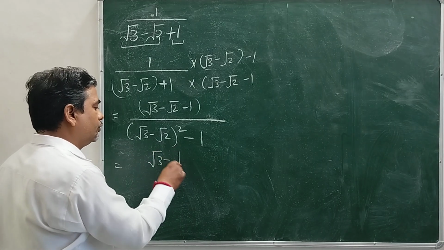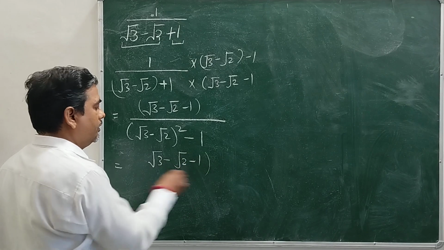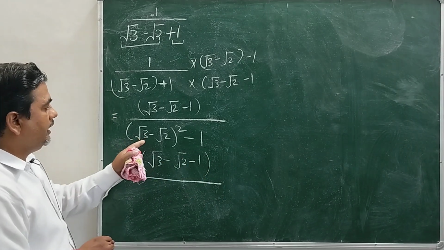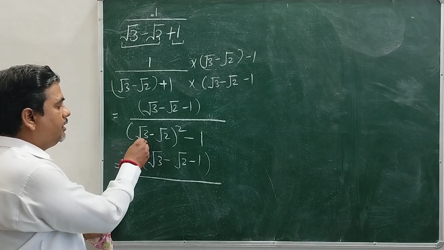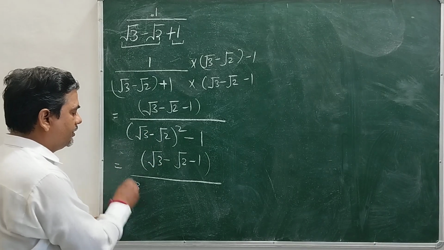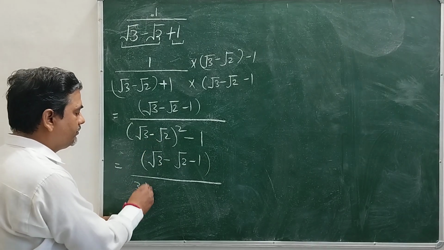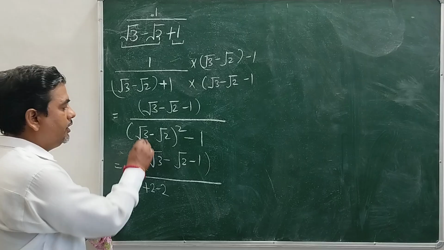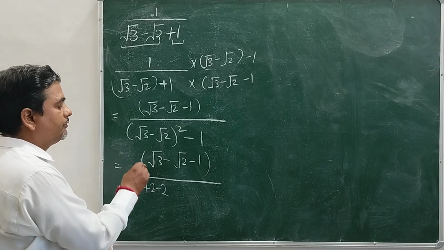In the numerator there is no simplification because there is only one term complete. And now here a minus b whole square. So a square plus b square minus 2ab. A square means root 3 square, that is 3, plus b square, that is 2, minus 2ab, 2 and ab is root 3 into root 2, you know that is root 6.